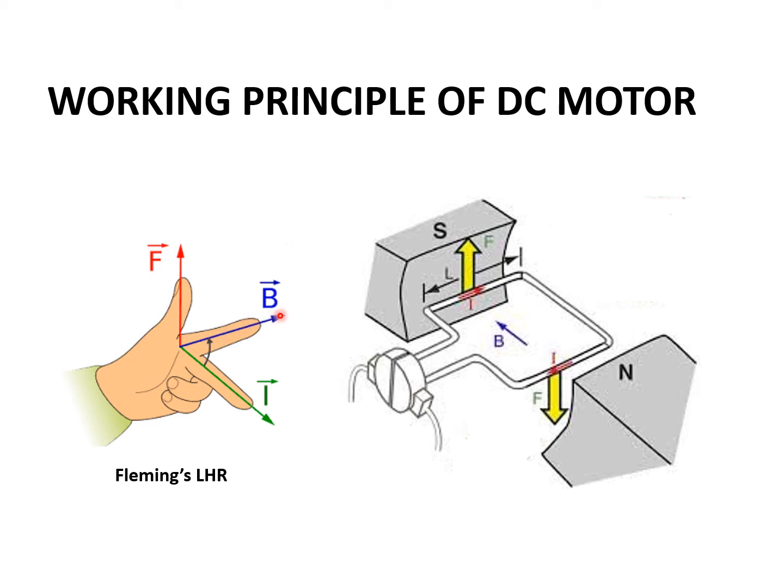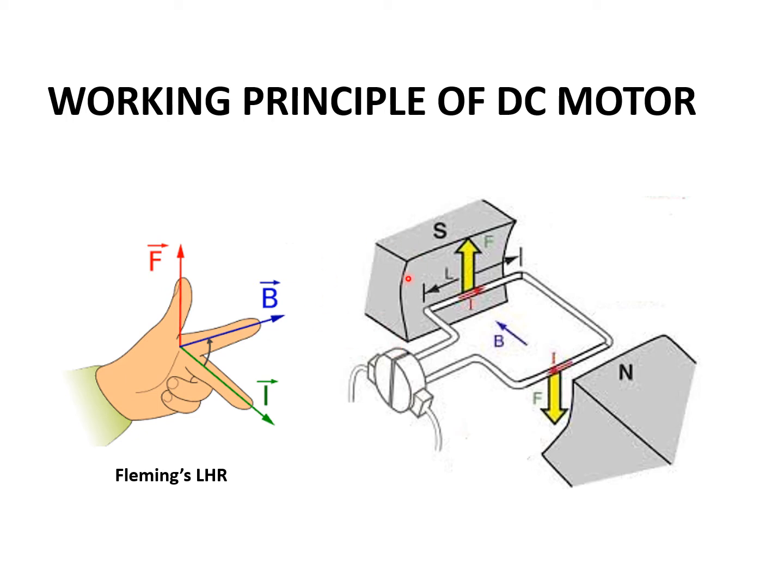You point the forefinger in the direction of flux, the center finger is for the current, and the thumb direction indicates the thrust.